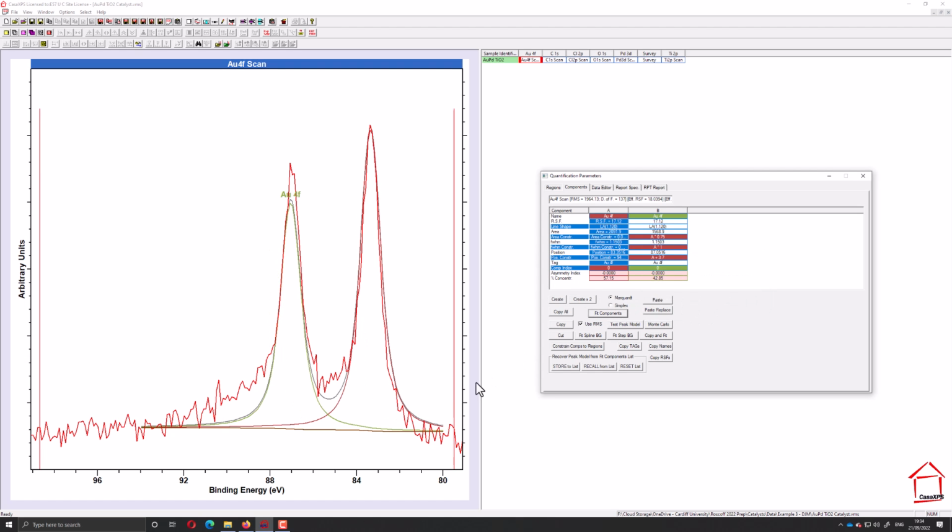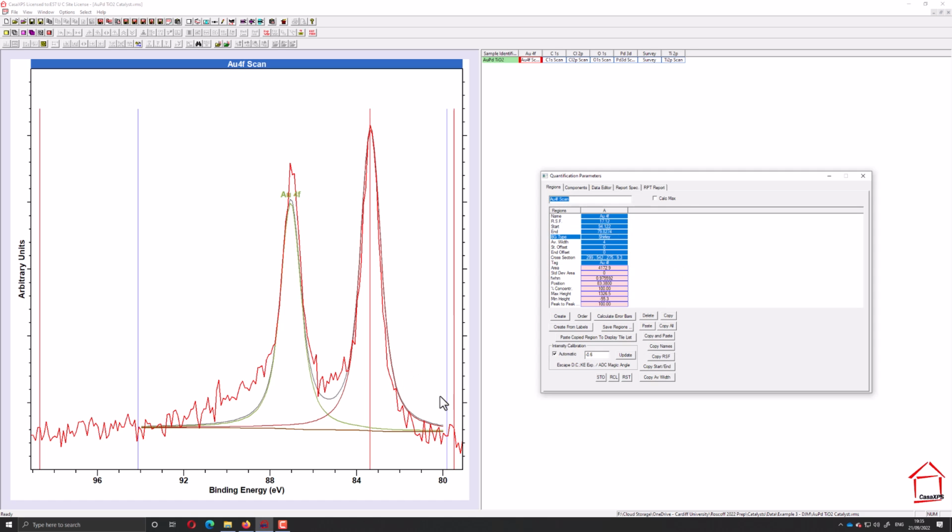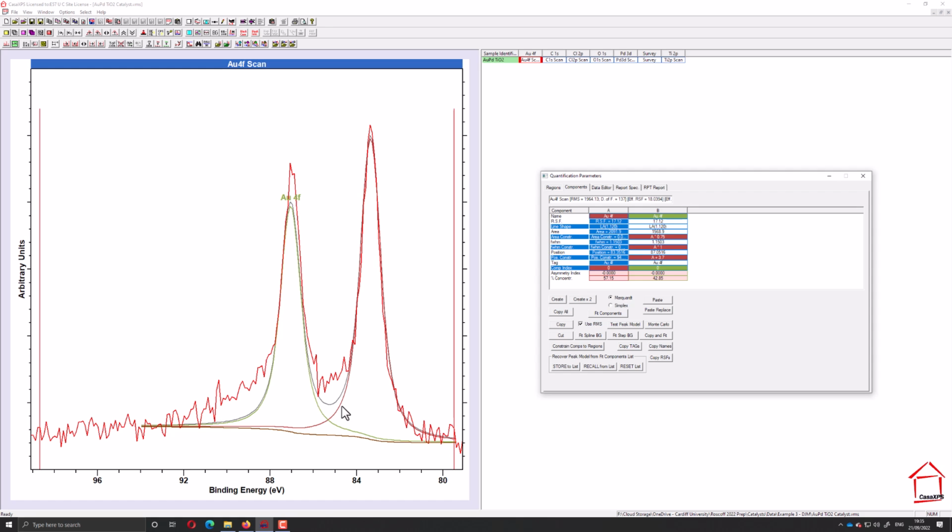Okay. I'll discuss this point now, we can actually see there's extra structure under here. Now this could possibly be gold 1 or small gold particles. Here the binding energy is around about 85. I would expect another peak around about 3.7 electron volts away from that.